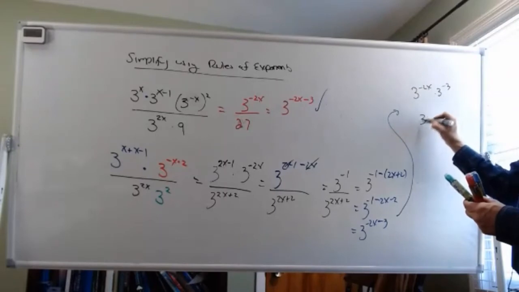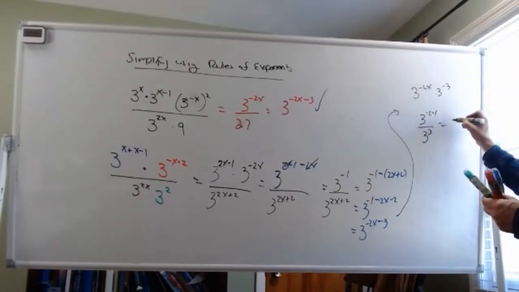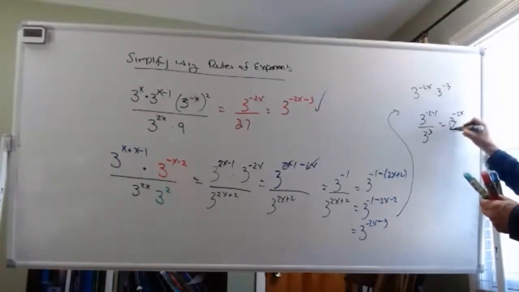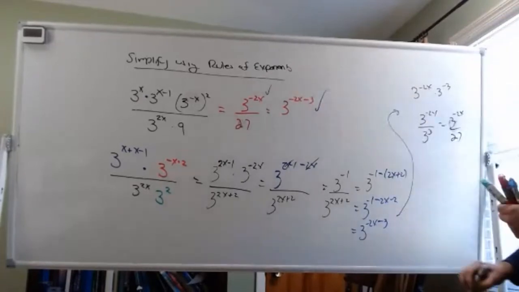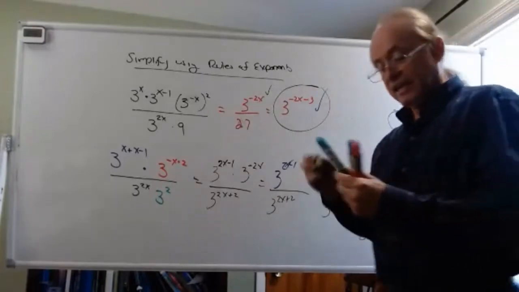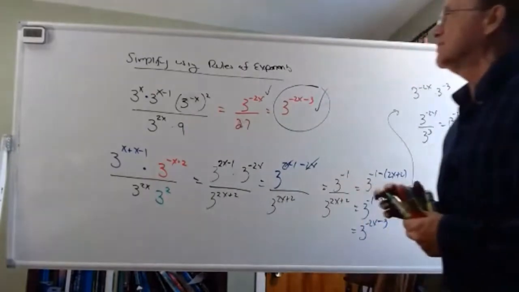Bring that down, 3 to the minus 2x times 3 to the plus 3. Well, 3 to the plus 3 is just 27. 3 times 3 is 9, times 3 is 27, so you also have this approach. This, however, is kind of preferred, especially if you're going to be solving an equation after that. This usually comes into play when you want to solve equations.